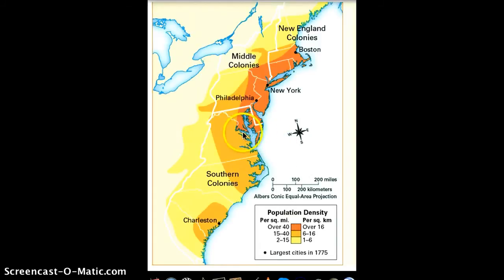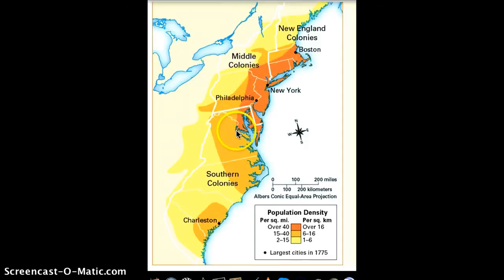So when we look at the map, we see this area. Does it have more or less people than some of the outlying areas? So when we look at some of the others, the numbers start to go down. When you see the different shades here of yellow, we see that there aren't as many people living in these areas. So here in the middle in New England colonies, we have a lot of people.